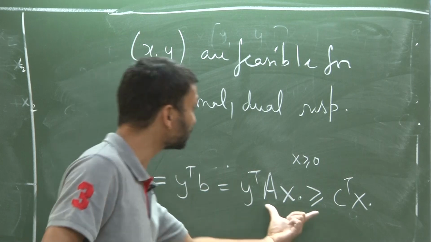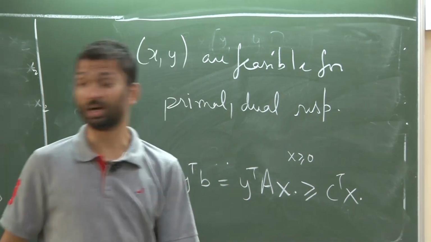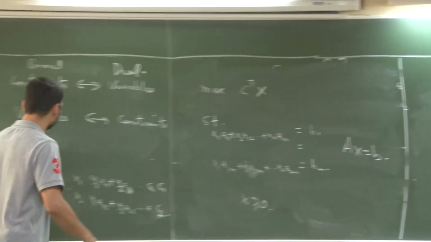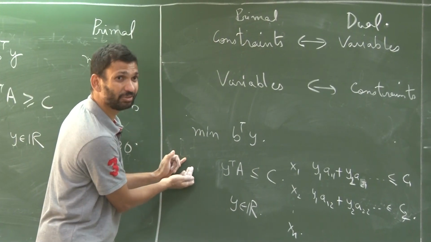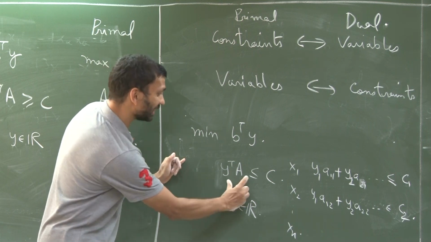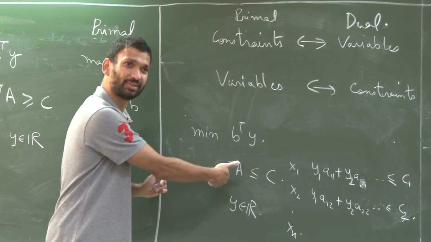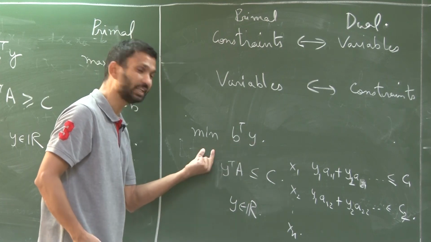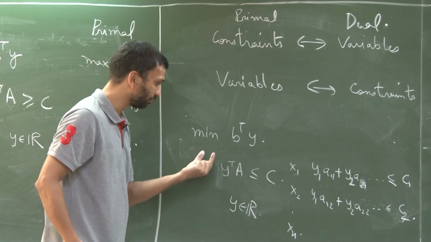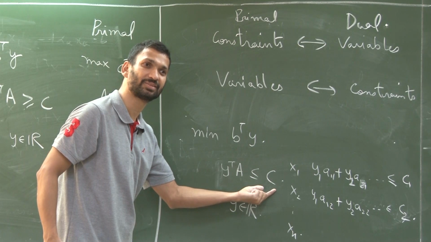I'm saying for this to work. From here also, if I had multiplied by something negative here, then the sign of the inequality would have to be reversed, right? Then whatever linear form I am getting, it won't be less than C transpose x.